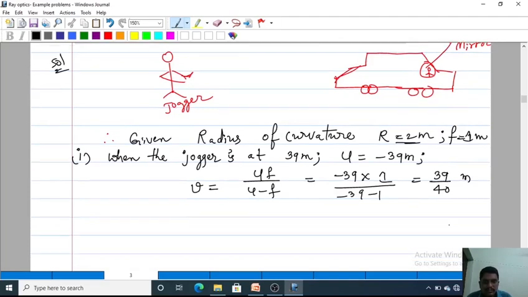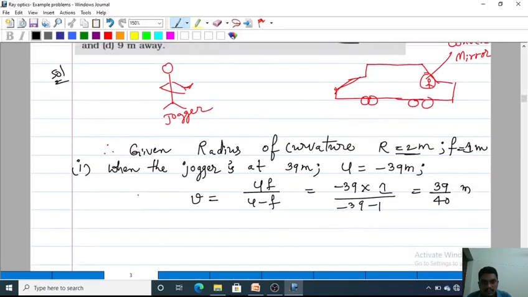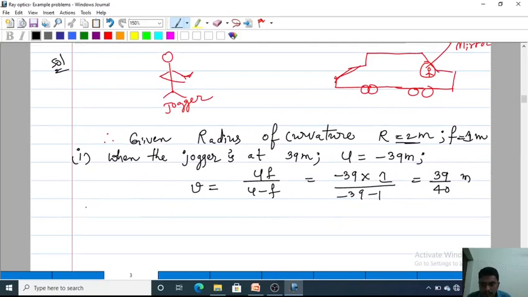This is the image distance from this convex mirror when the jogger is initially at 39 meters. When u is equal to minus 39 meters, we got v as 39 by 40 meters.